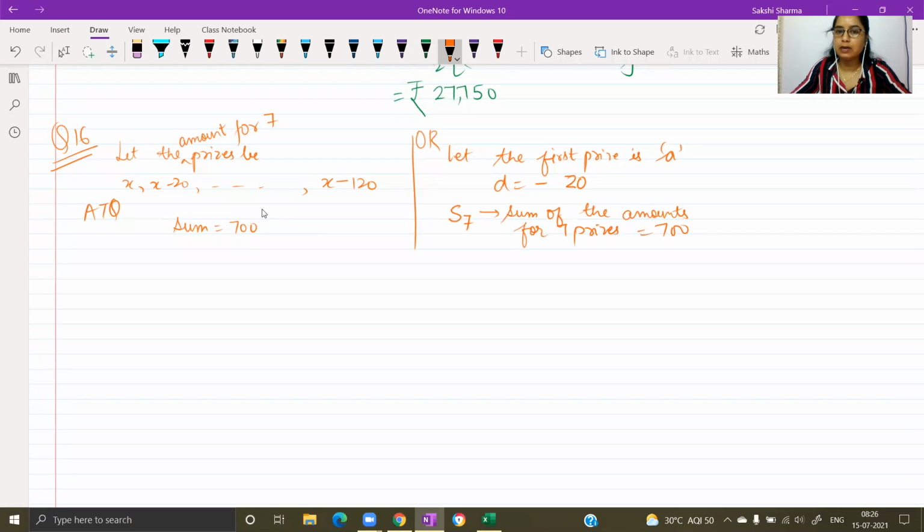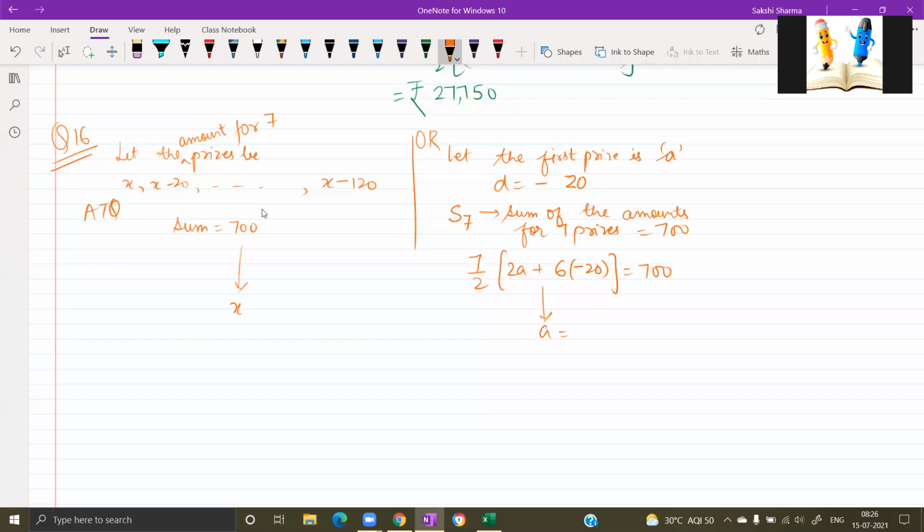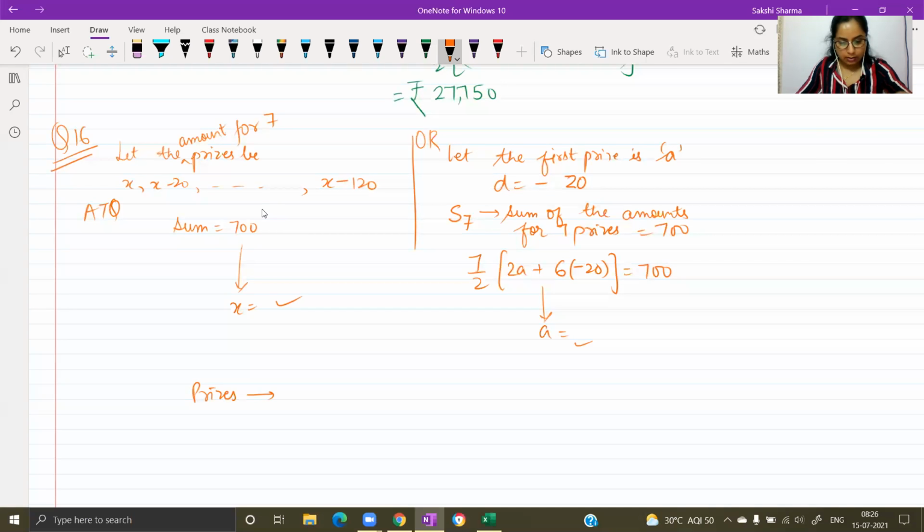From here, I think you can find out A. 7 by 2 in the brackets 2A plus 6 multiplied by minus 20 equals 700. From here, you can find out A, or X. Then you can find out the value of each of the prizes.